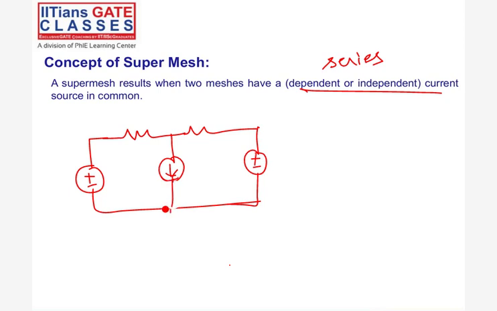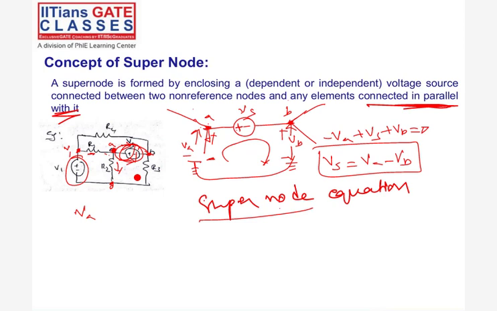I'll consider this as I1 and I2. This current is given as some I amperes. So at the super mesh, this is I amperes, this current is I1, and this current is I2. Or otherwise, can you tell me the node equation at this node?